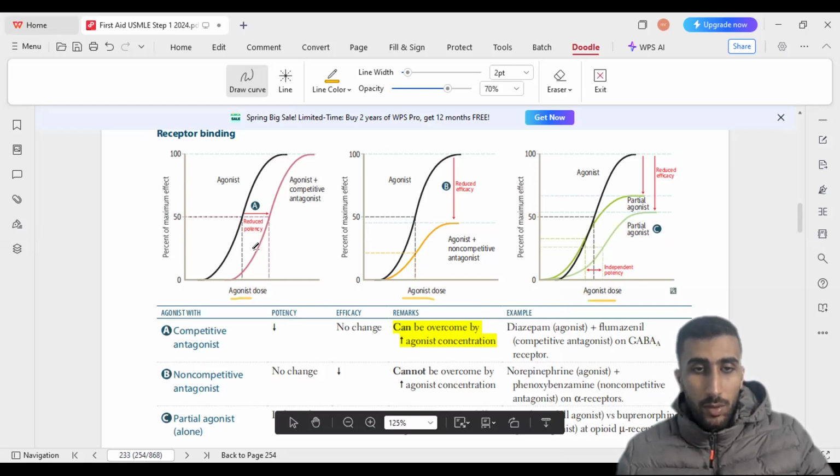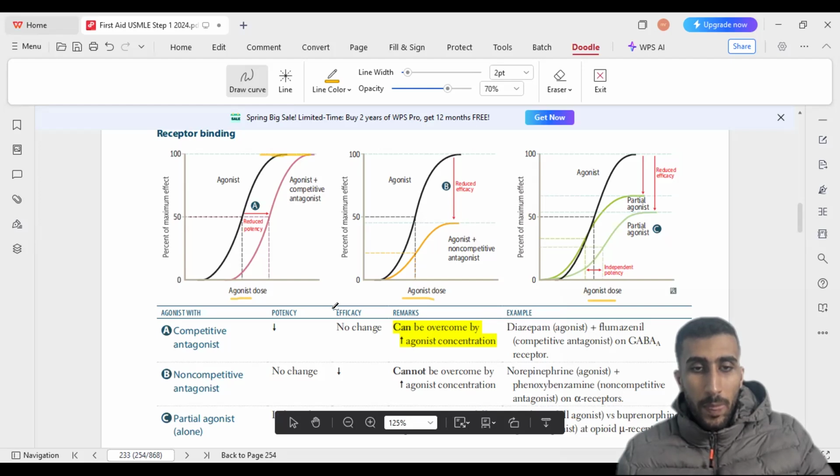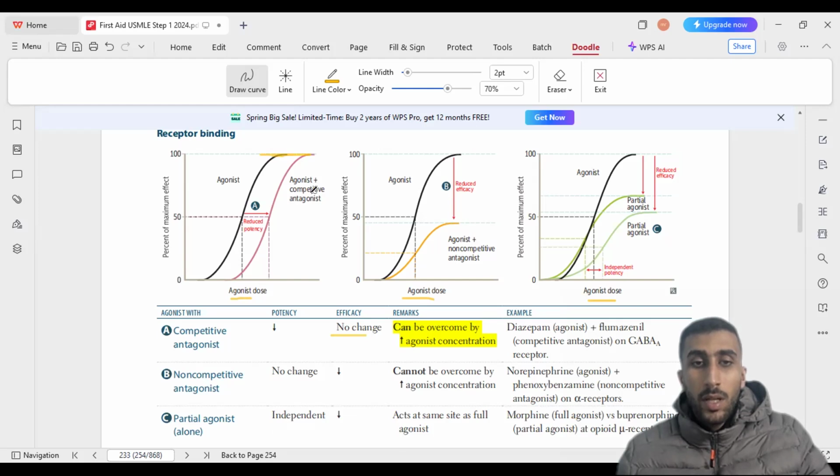First, the competitive antagonist. Here we have this line for the agonist plus the competitive antagonist versus the line for the agonist alone. If you notice, both of them reach the maximum effect, which is 100. So the competitive antagonist will not affect the efficacy.